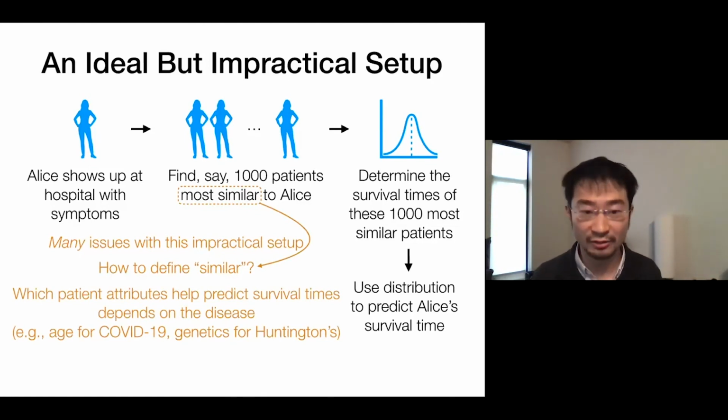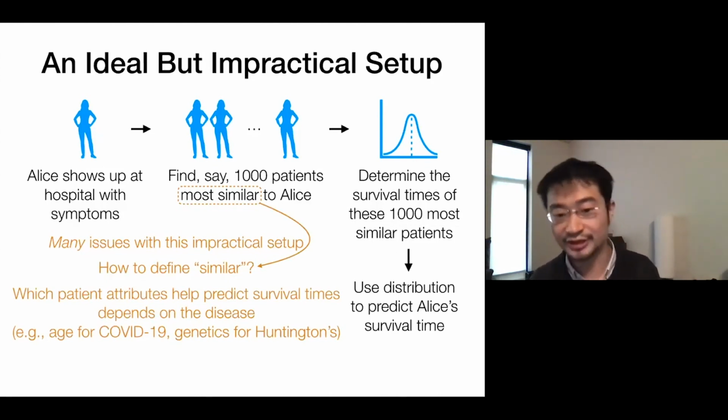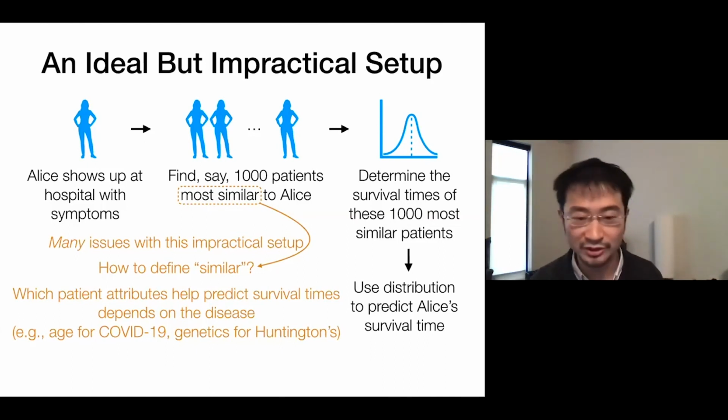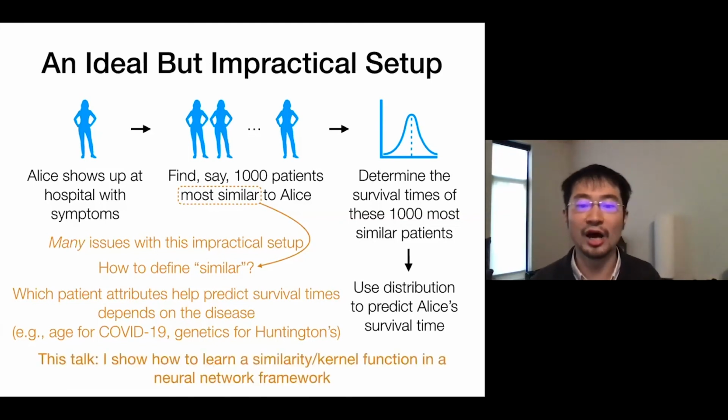So if you care about time until death for COVID-19, age will be something you consider, whereas genetics, for example, is something you would look at for Huntington's. For some diseases, age might matter less, genetics might matter less, and so forth. So one question that we'll be looking at is how to automatically learn a similarity or kernel function, and I'll be showing how to do this in a neural net framework.